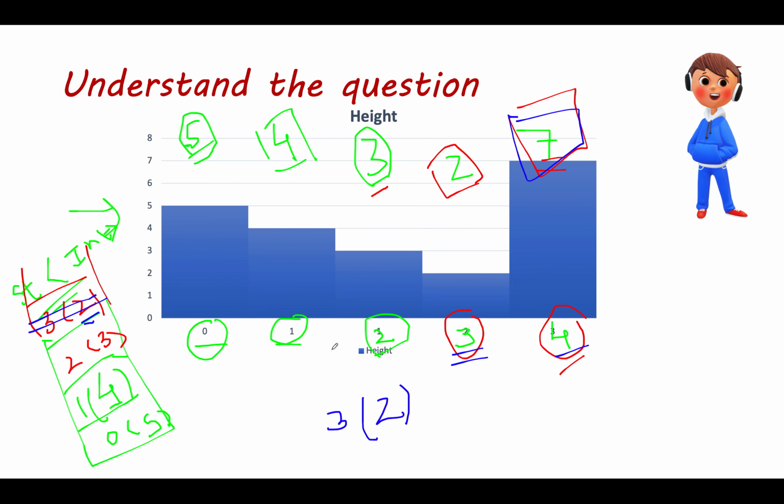And now you will check its leftmost boundary, the leftmost higher element. The leftmost higher element will be given by the topmost element of the stack. What is that value? 3. The leftmost boundary is 3 and the rightmost boundary we already know is 7.